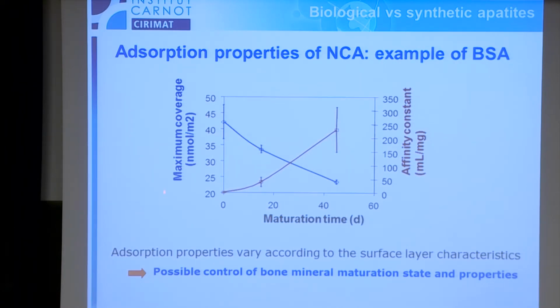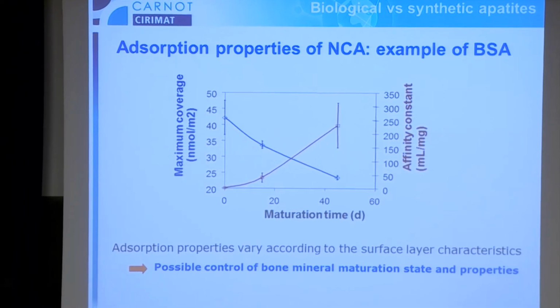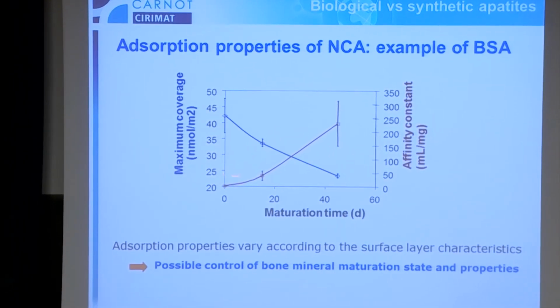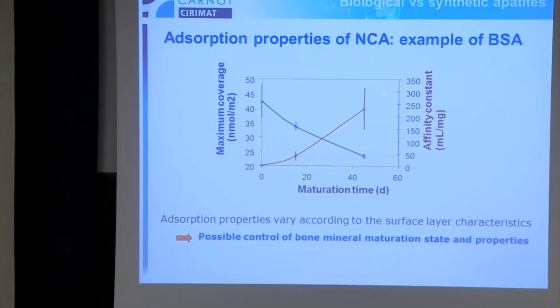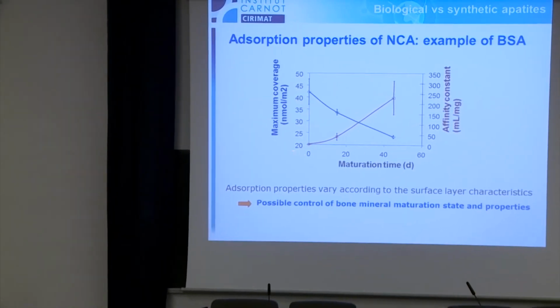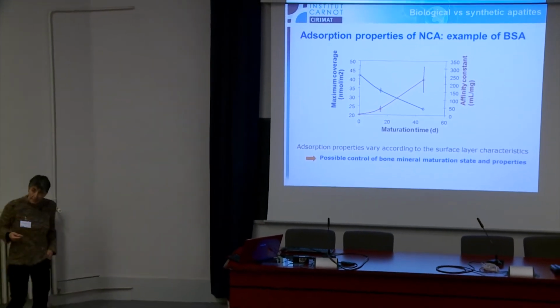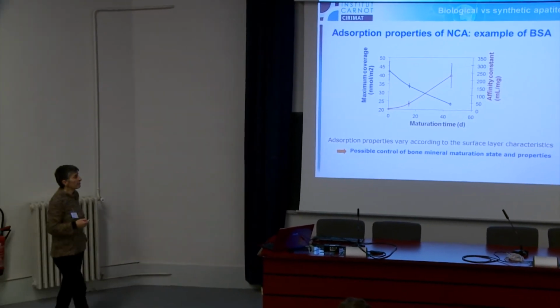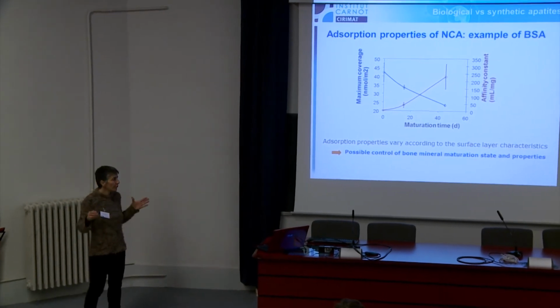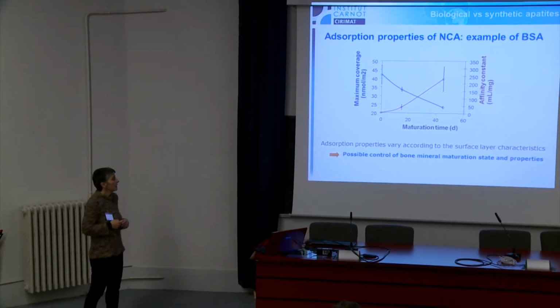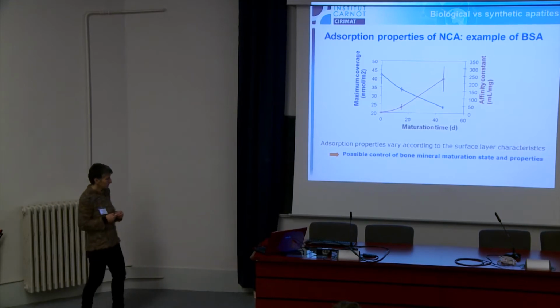You can see that the maximum coverage of BSA on nanocrystalline apatite is decreasing with maturation time, whereas the affinity constant of the adsorption of BSA on nanocrystalline apatite increased with maturation time. So it seems that the adsorption properties vary according to the surface layer characteristic of the apatite.